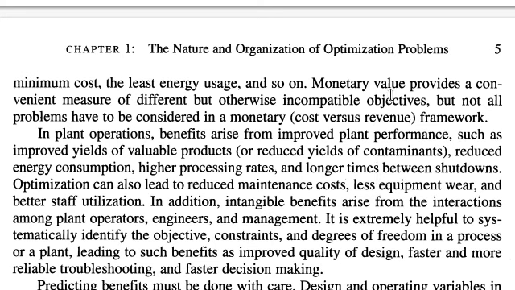Monetary value provides a convenient measure of different but otherwise incompatible objectives, but money comes into picture, but not all problems have to be considered in a monetary framework.